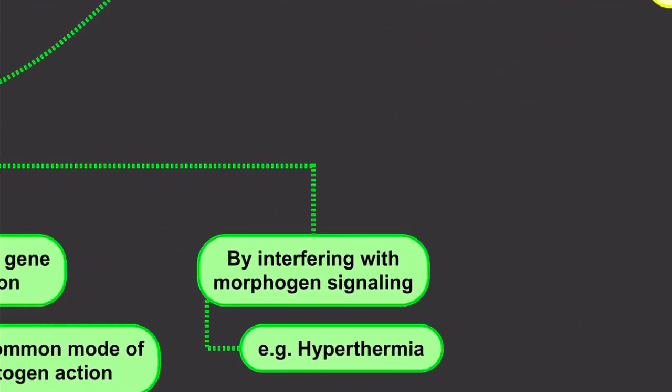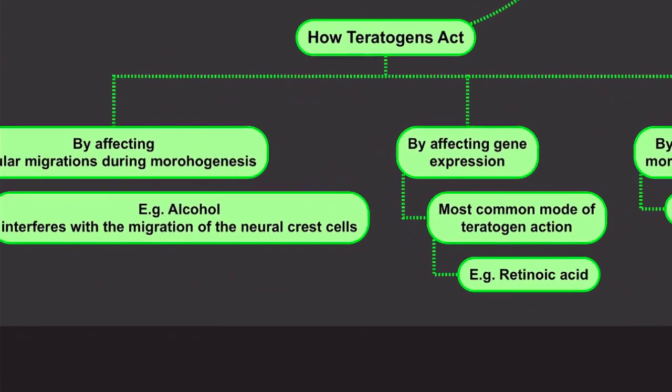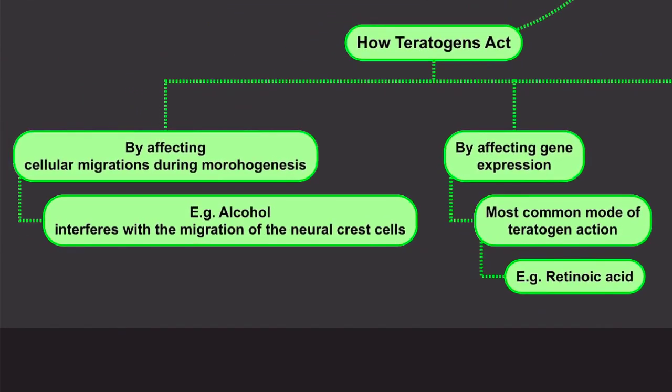And then we come to the 4th facet, that is how the teratogens act. There are 3 major methods by which the teratogens act, and the very first method is that teratogens actually interfere with migration of cells during morphogenesis. One of the best examples would be alcohol, which causes fetal alcohol syndrome primarily by interfering with the migration of the neural crest cells.